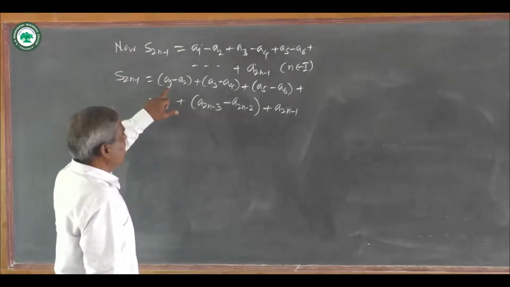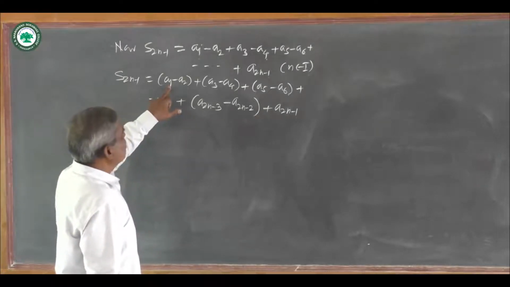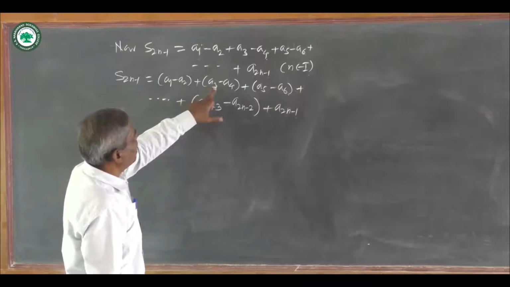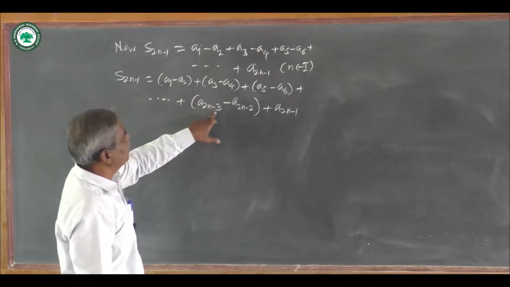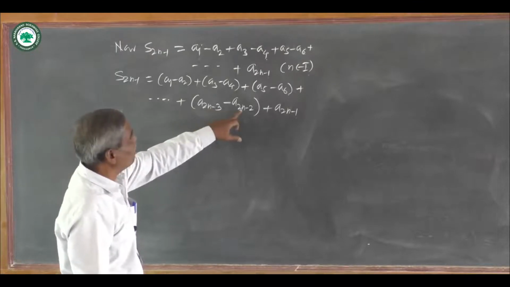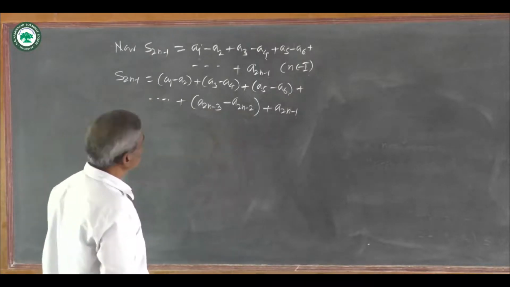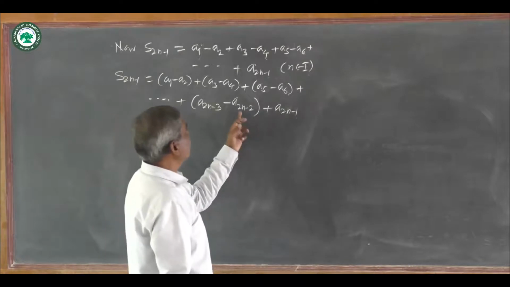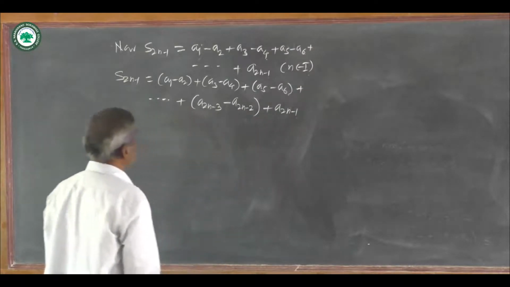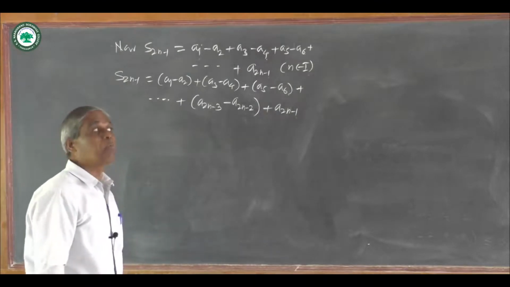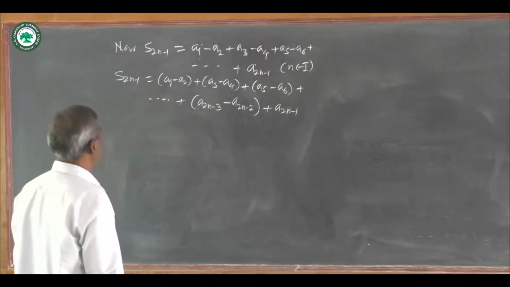If we add 1 to 2n minus 3, we obtain 2n minus 2. Again, adding 1 to 2n minus 2, we obtain 2n minus 1. Sum of first 2n minus 1 terms.